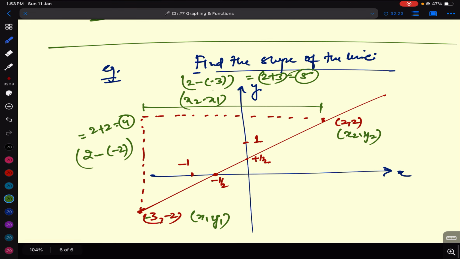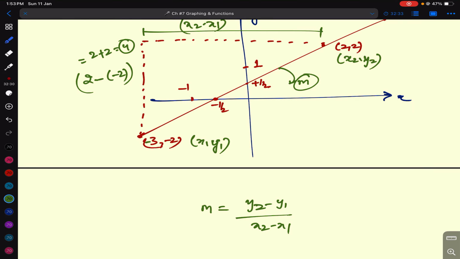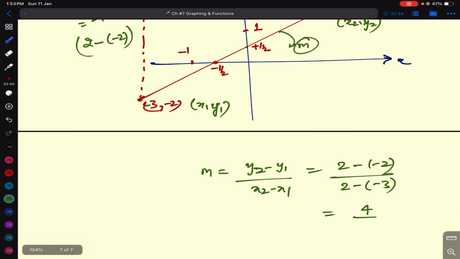Okay, so when I figure out the slope of this line, slope is written as y2 minus y1 over x2 minus x1. So that is 2 minus -2 over 2 minus -3. So this becomes 4 over 5.